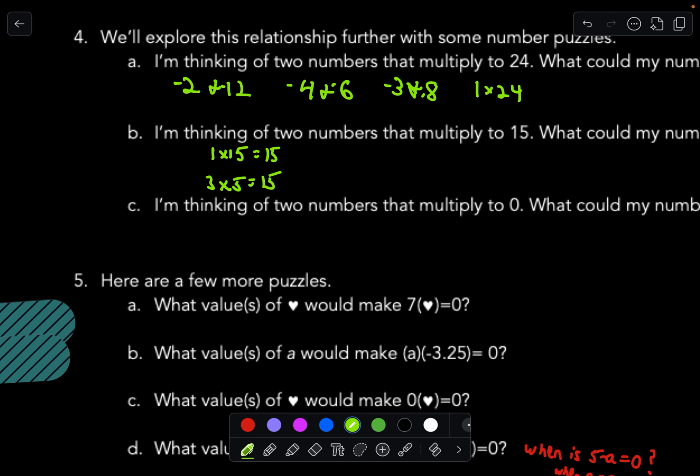Well, you can have 3 times 0 equals 0. 0 times negative 200 equals 0. 0 times x plus 3 inside parentheses equals 0. There's an infinite number of combinations.